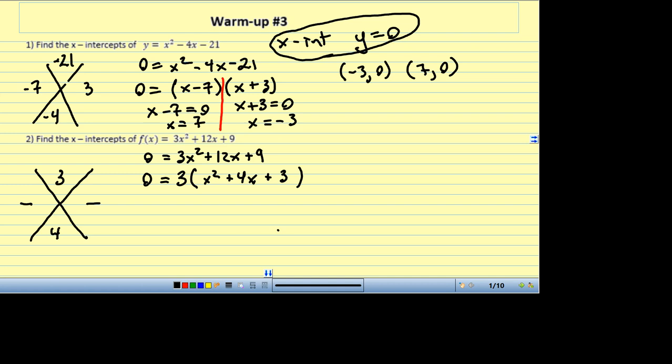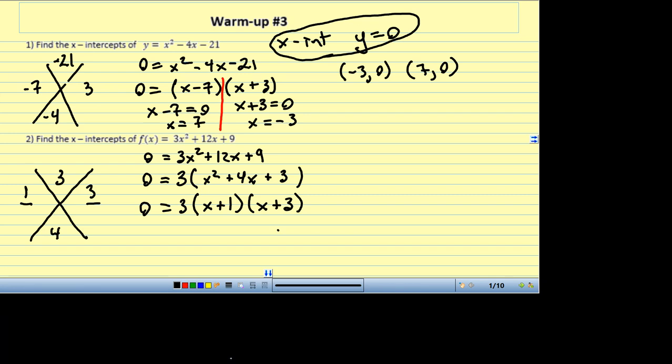Well, 1 times 3 is 3. 1 plus 3 is 4. So 0 equals 3 times the quantity of x plus 1 times x plus 3.